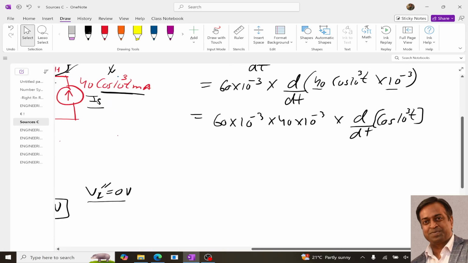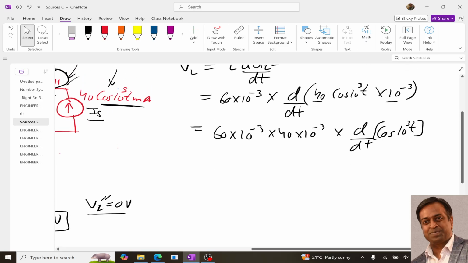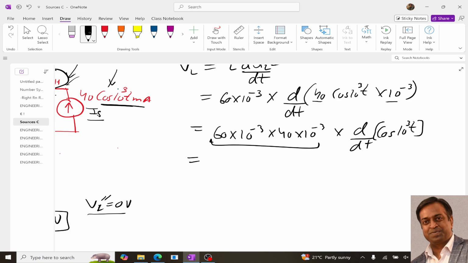Now the differentiation of cos, just a minute. Yes, so this term can be written as 2400 into 10 power minus 6, right?